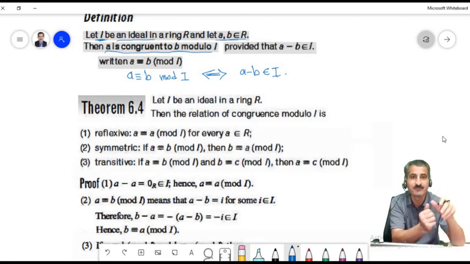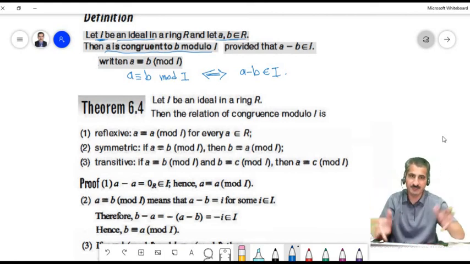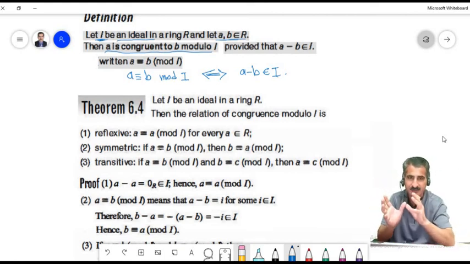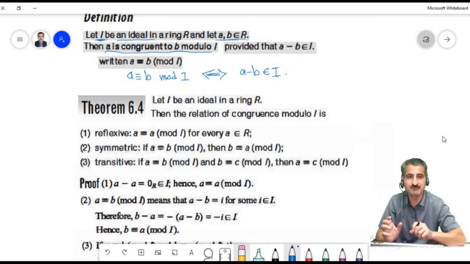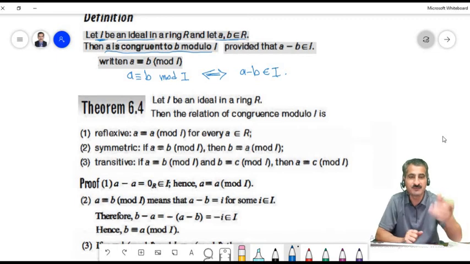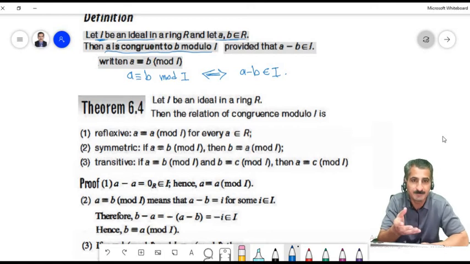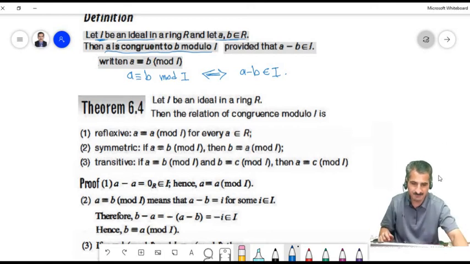Now, let's stick to an ideal. Assume we have a ring and fix an ideal. Then define the relation between elements as we have already said. Then the following theorem says this relation is an equivalence relation. And because it is an equivalence relation, we can define equivalence classes, and the equivalence classes will come out to be the cosets of the ideal I. Okay, so let's do it.